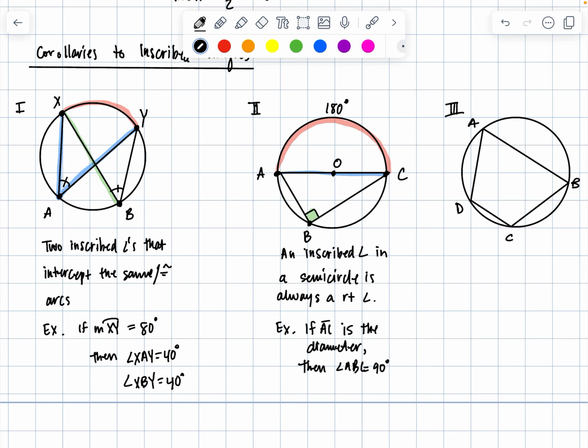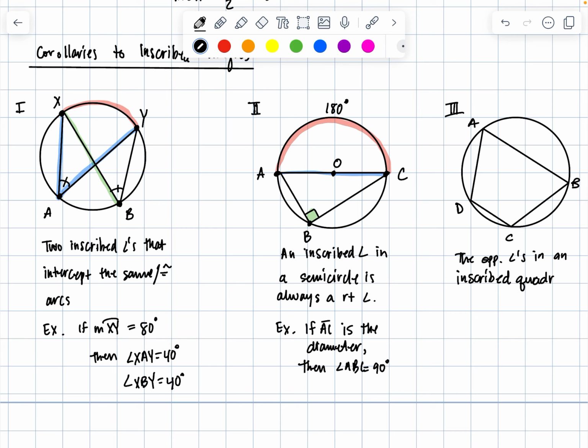Okay, now here's the fun part. Opposite angles here, let's actually just write the theorem, just because it might be easier to explain. The opposite angles in an inscribed quadrilateral are supplementary. Inscribed means it's inside of the shape, so this quadrilateral is inside of the circle.